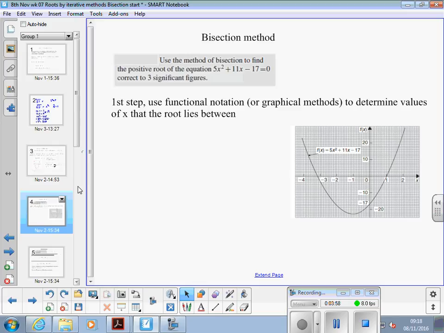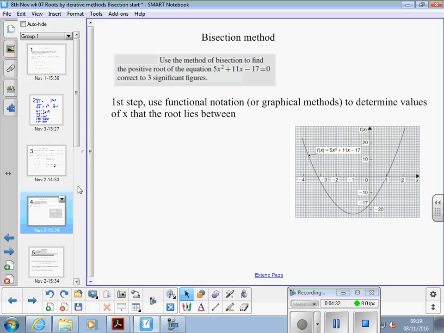Use the method of bisection to find the positive root of the equation 5x squared. So the first step: use functional notation or graphical methods to find values of x that bracket the root. Looking at this graph, we've got a root somewhere around where x is equal to 1.